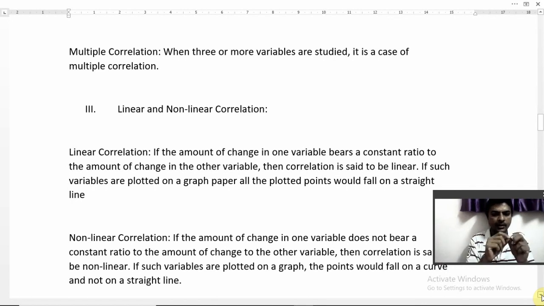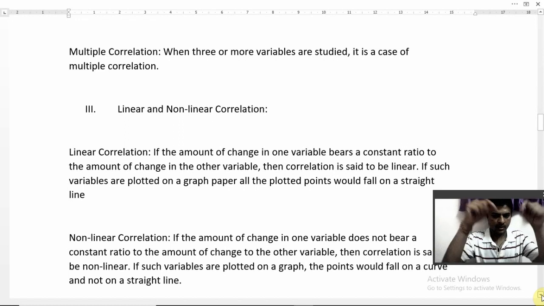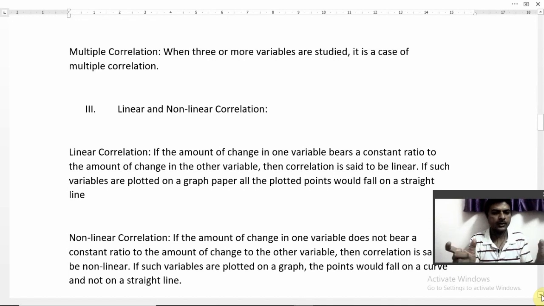Yes friends, if you take any number of points and fit them on a straight line, and all of them are on this straight line, then we say these points show linear correlation.